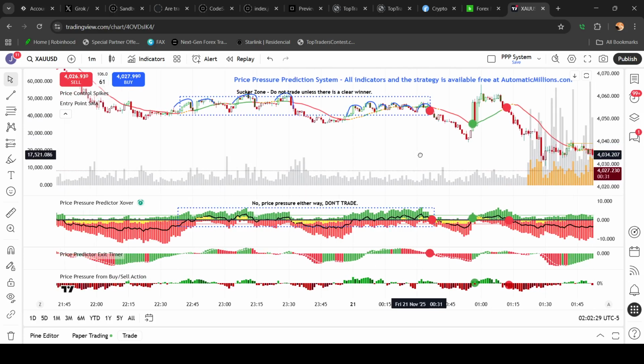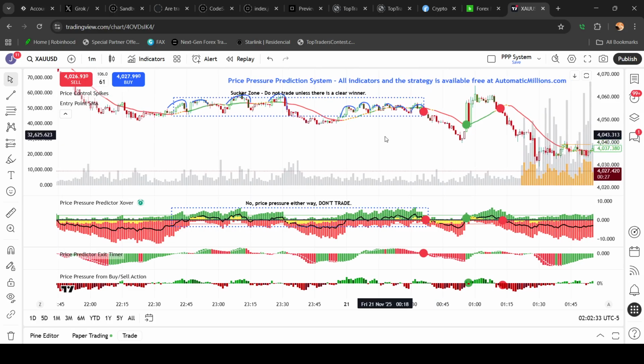So, what our indicator will do for you is show you exactly when we believe that it's time to enter a trade. And then we have another indicator here that is more about timing the exit.